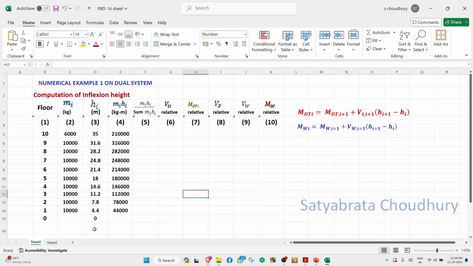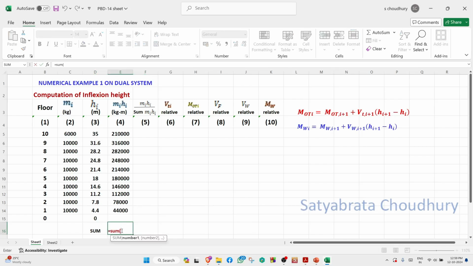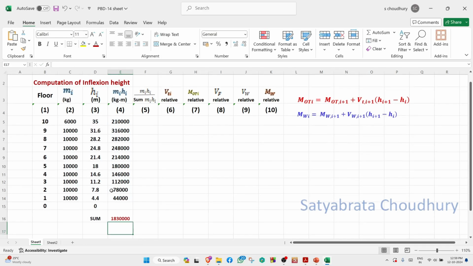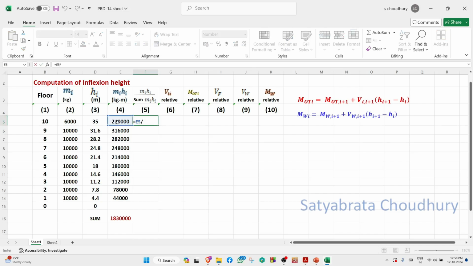So let us take the sum of this column, here to here. This is the sum of the MIHI product. This fifth column has the MIHI values given in the fourth column divided by this sum. So I write here equal to this MIHI divided by this sum. Since this sum is a constant value, we have to put a dollar sign here.